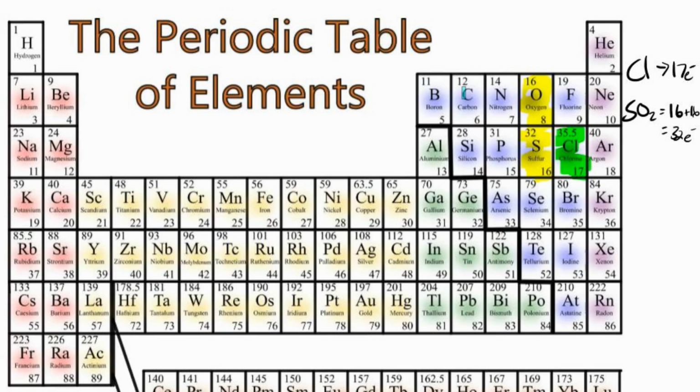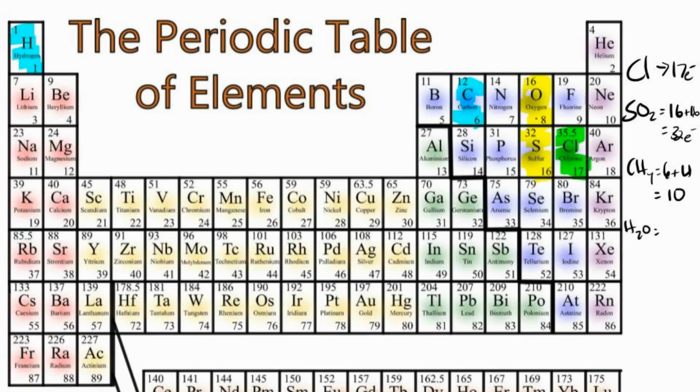Okay, so C, carbon, has 6 electrons, and H has 1 electron. So CH4 has carbon at 6 plus 4 times 1 is 4, so that equals 10 electrons. Okay, and then we're looking at water.